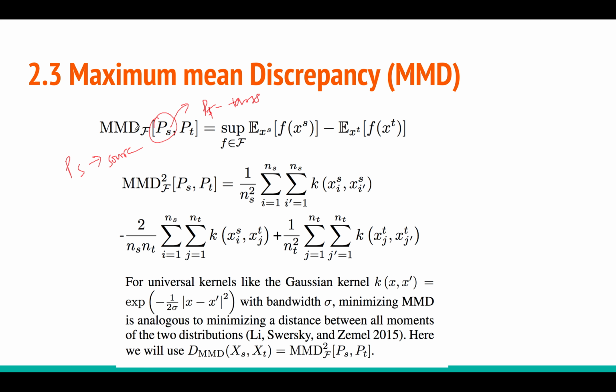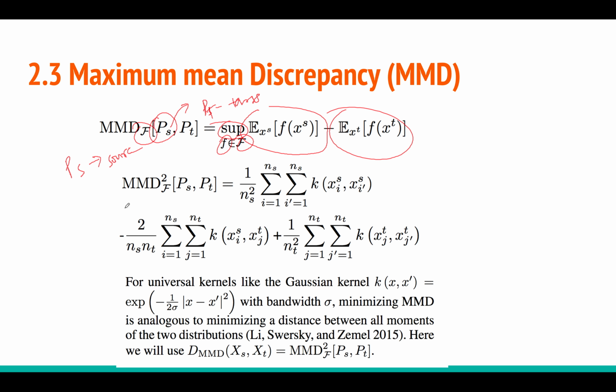So this MMD loss is defined like this. f is basically a class of functions, and you want to find a function f, which is the supremum over this class of functions, and you compute the expectation over x of the function with respect to xs, and so on.